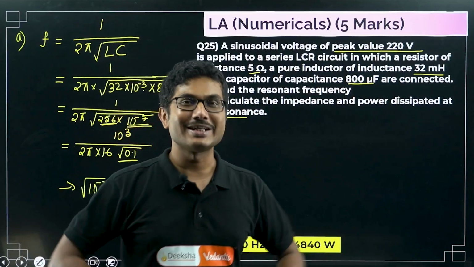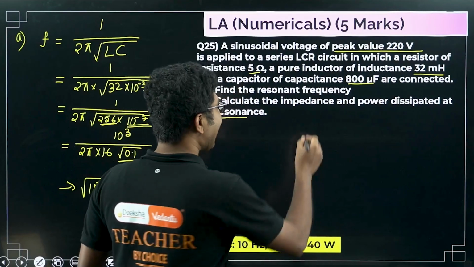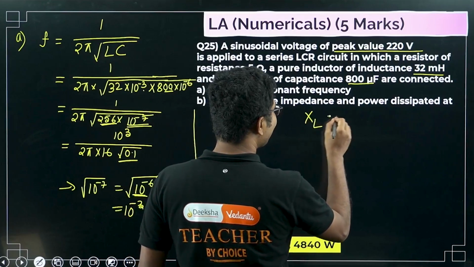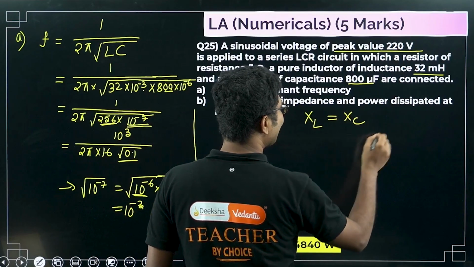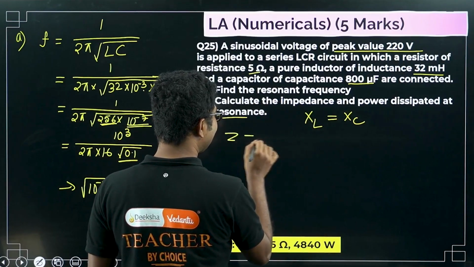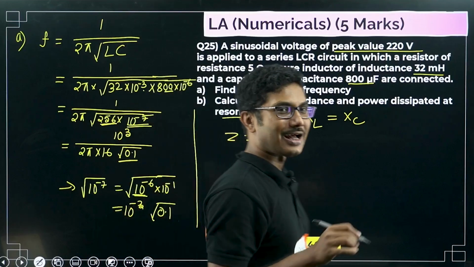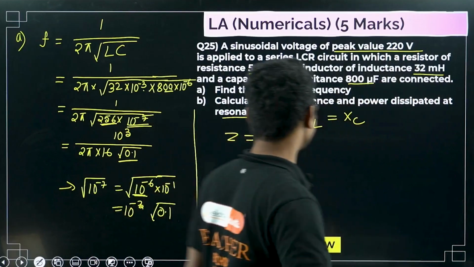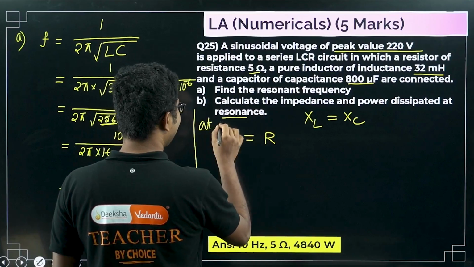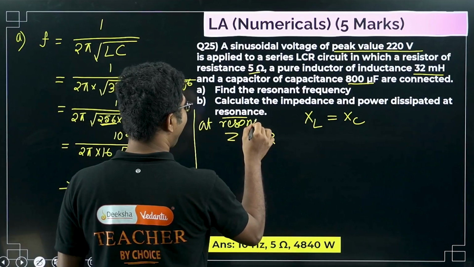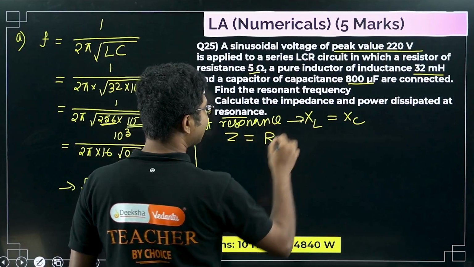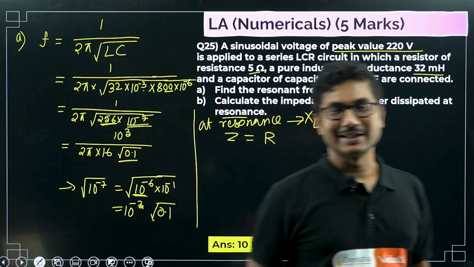Now at resonance, the most important thing is XL equals XC. So the impedance is basically only the resistance R at resonance. At resonance, you have to mention this term: XL equals XC.